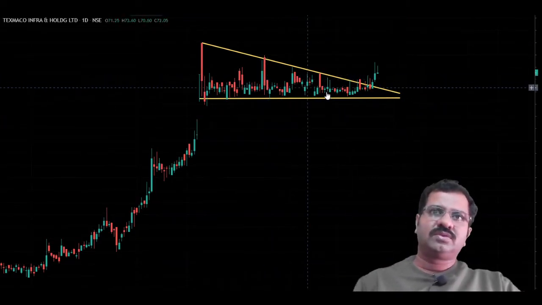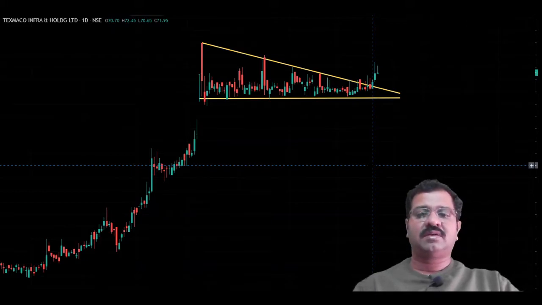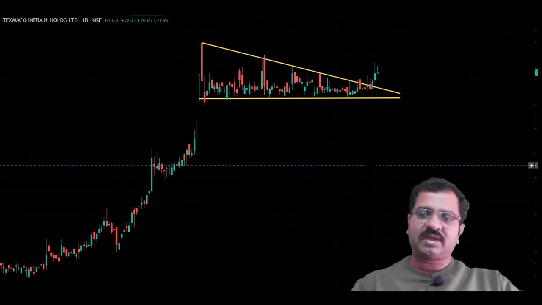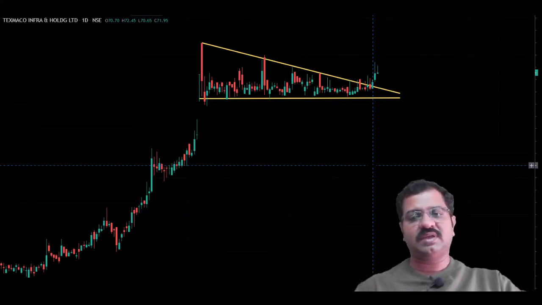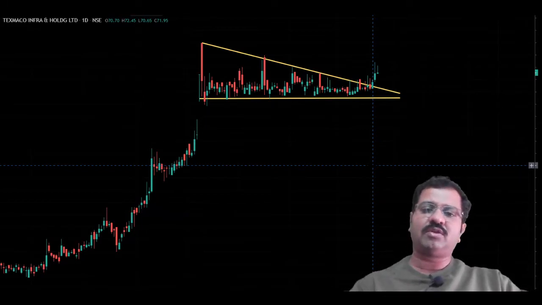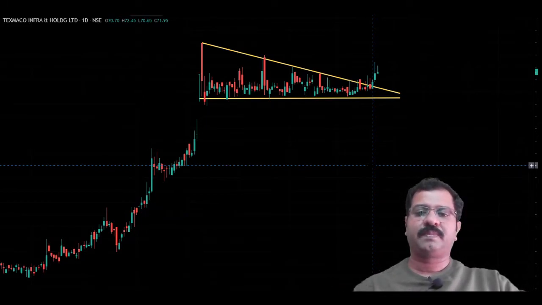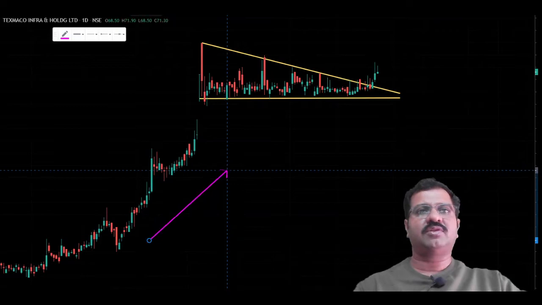Some people, when they explain triangle patterns, tell you that if there is an ascending triangle, trade it on the upside. If there is a descending triangle, trade it on the downside. If there is a symmetric triangle, look for a trade on both sides. No, you should not do that. You should first check what is the current trend in the current time frame on that chart.